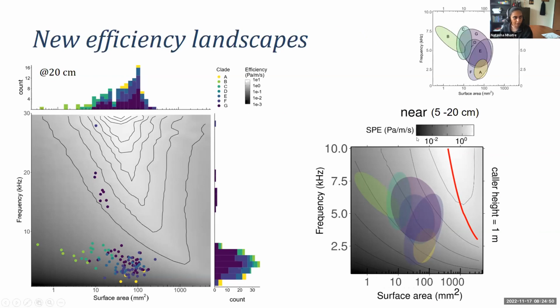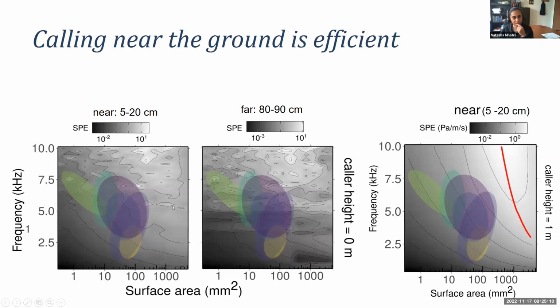And that really gives you a lot of power when thinking about not just how loud an animal is, but how loud it is when its sound propagates through space. Because 1 meter is kind of the right range over which animals are heard by their conspecific mates. So now you can ask that question. What happens when an animal is calling next to the ground? What happens when it's calling way up in the air or from vegetation?